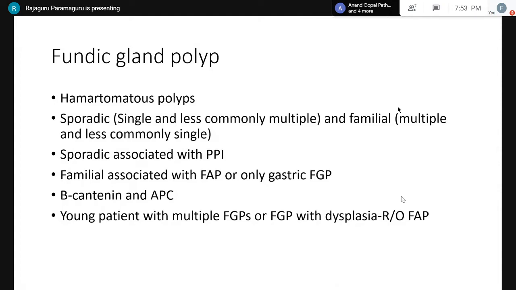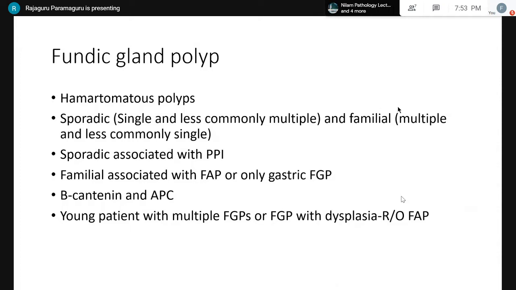It's always better to check for a familial adenomatous polyposis, or to ask for history, or to do an endoscopy of the colon when there are multiple fundic gland polyps, and mainly those with dysplasia, which are seen in young patients particularly. In the familial cases, they can be associated with colon polyps also, but they can be isolated gastric polyps alone, fundic gland polyps alone.